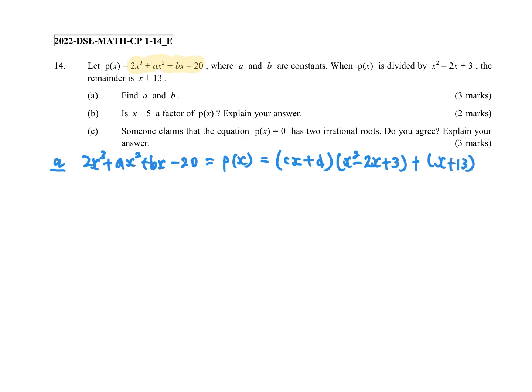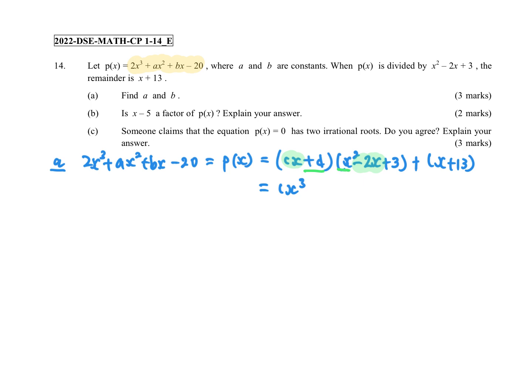Here we can simply expand the right hand side. cx times x squared would be cx cubed. Then we have the x squared term. Let's expand it mentally.